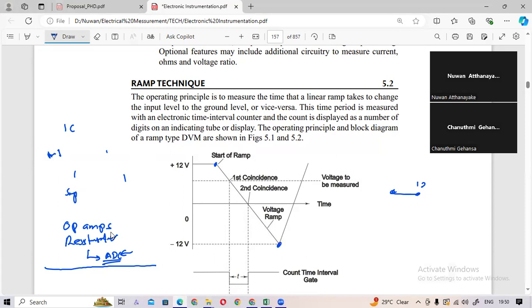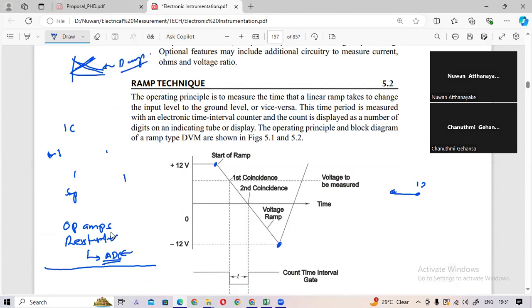So your voltmeter range mainly depends on this voltage value. This we call the ramp signal. A ramp signal means a continuously increasing or continuously decreasing, linearly increasing or linearly decreasing signal. That is what we call a ramp signal.